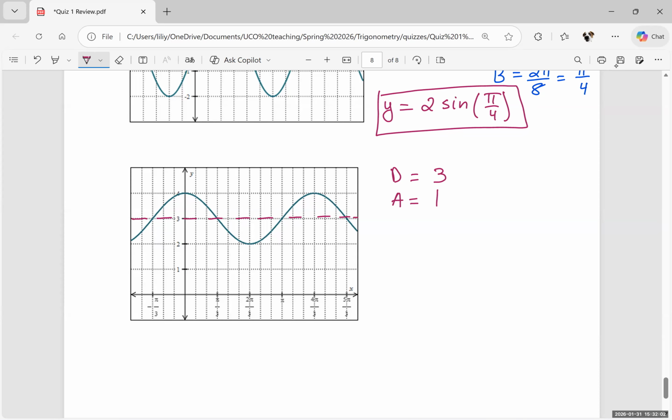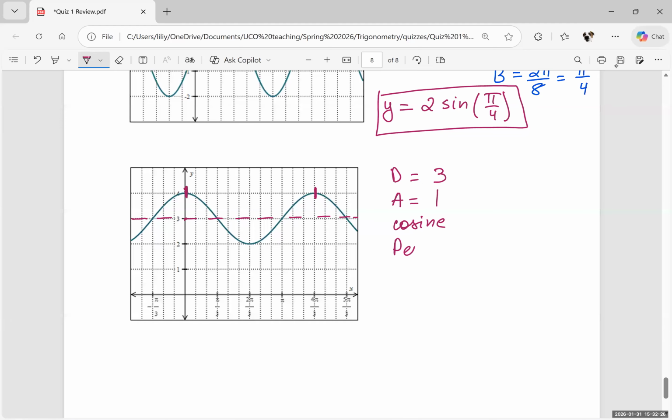Then we need to figure out whether it's a sine or a cosine. If it was a sine function, it would have started right here. It does not. It starts at the maximum. So this is cosine. What else do we need? We need a period. On the cosine, the period is pretty easy to figure out. This is at 0, so go to the next max. The next max is at 4 pi over 3.